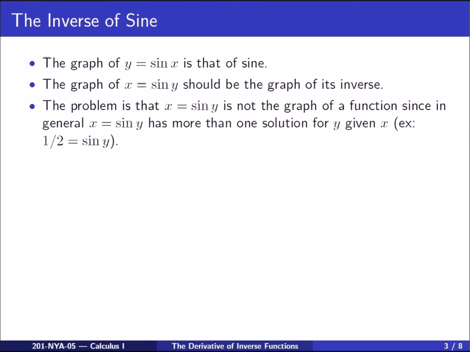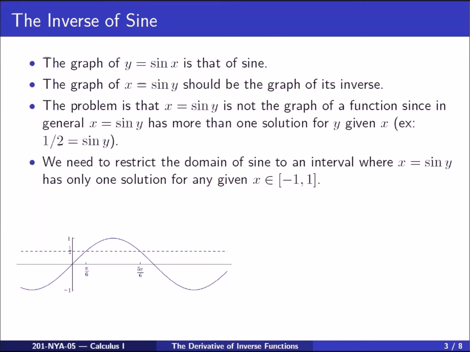If we solve x equals sine of y, we won't get a function, in the sense that for a given value of x, there are many possible values of y where x equals sine of y. One example we considered is 1/2 equals sine of y, and we saw that there are many angles where the sine is equal to 1/2.